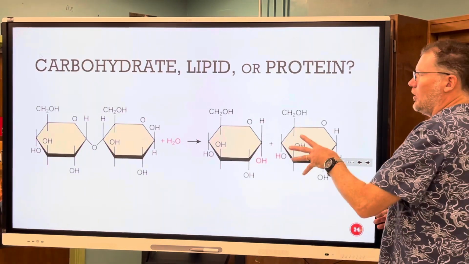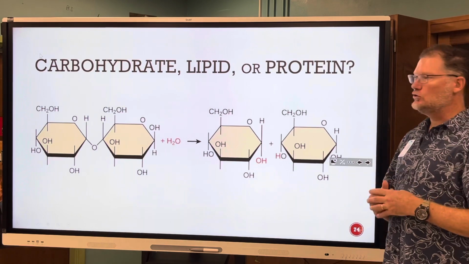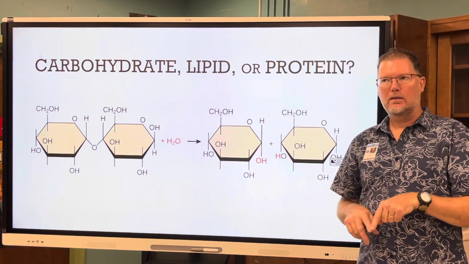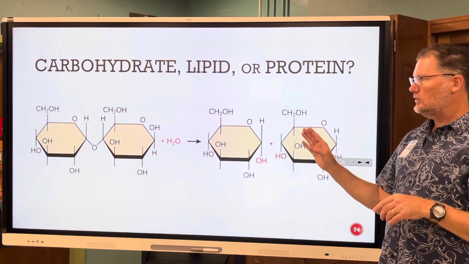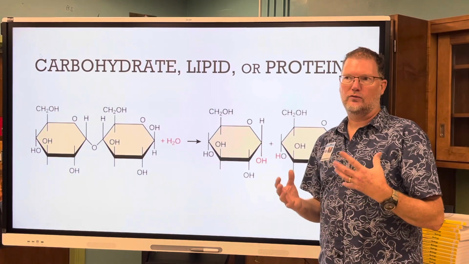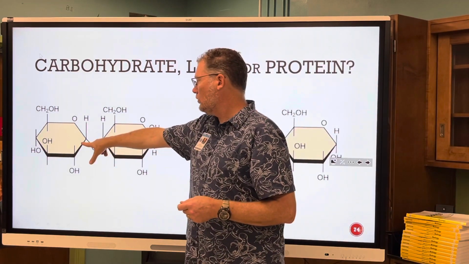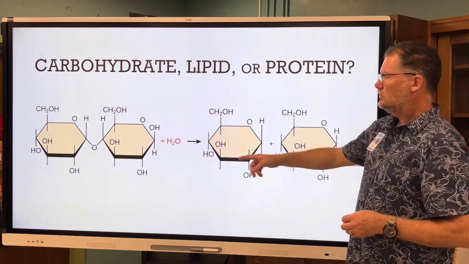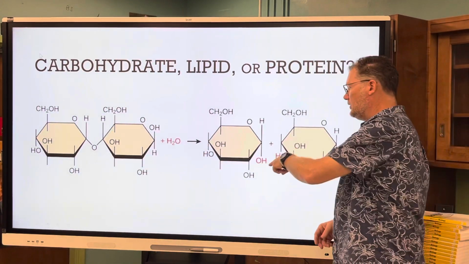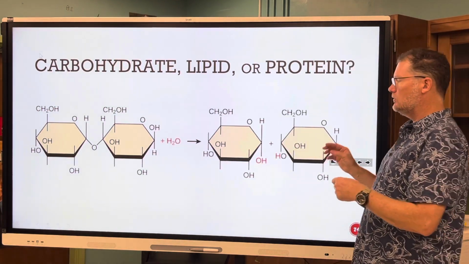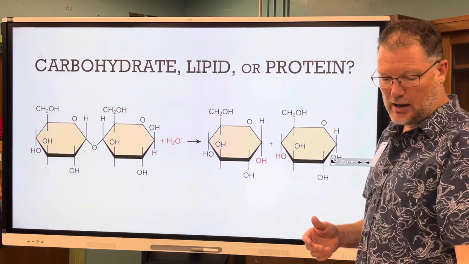Okay, is this a carbohydrate, a lipid, or a protein? Instantly, you should see that hexagonal shape. Looks kind of like a stop sign, but not quite, because a stop sign's octagonal. That's 8 sides. This is 6 sides. You know that this is some sort of sugar, so it is a carbohydrate. And you've got 2 of them here that are needing water to break apart. So the water is being added back into them, and then now you've got two single units, which are monomers.